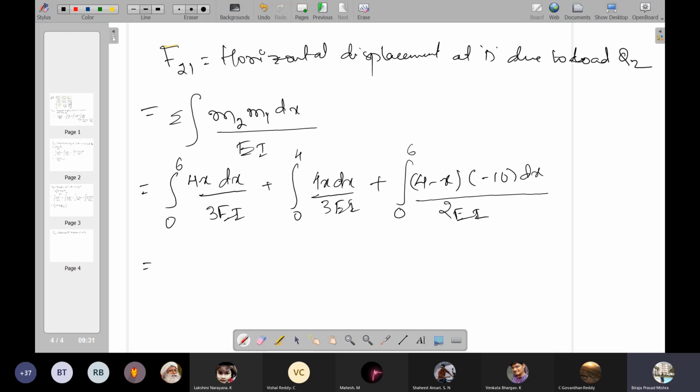So this becomes 36.67 divided by EI. So let me go to the next page.